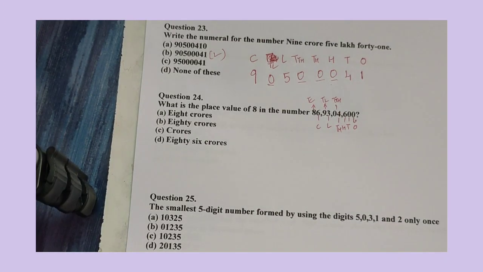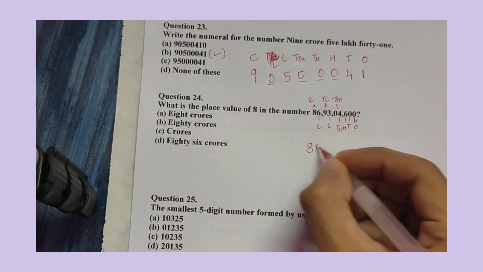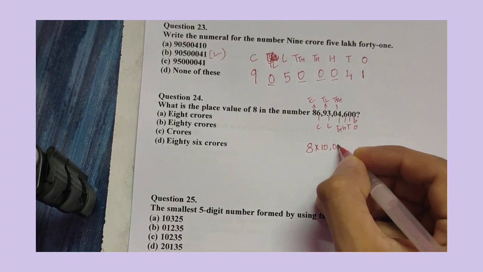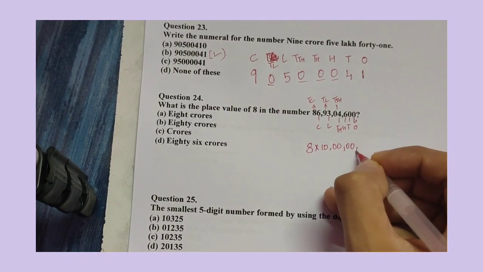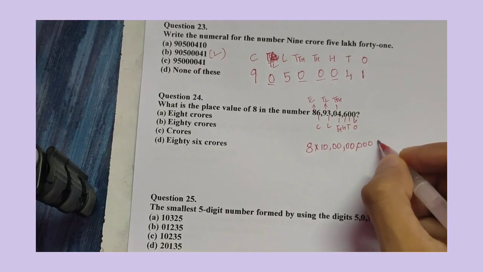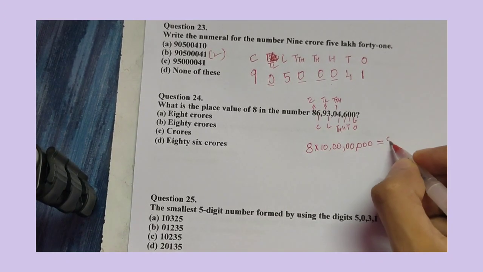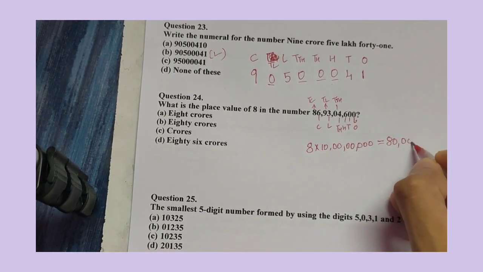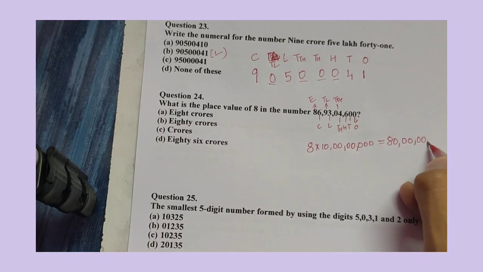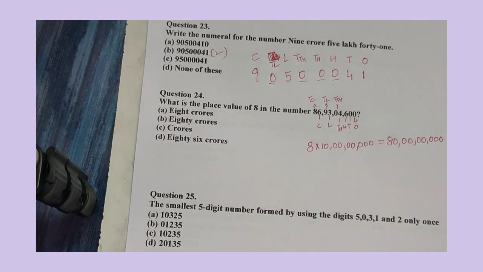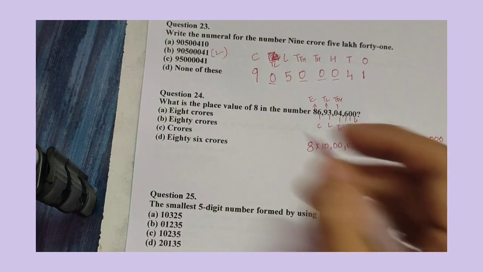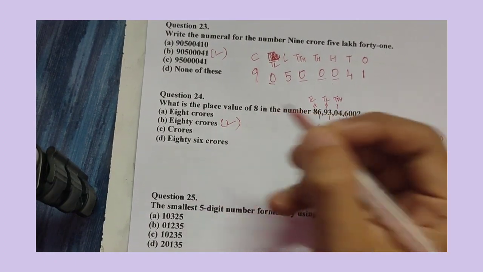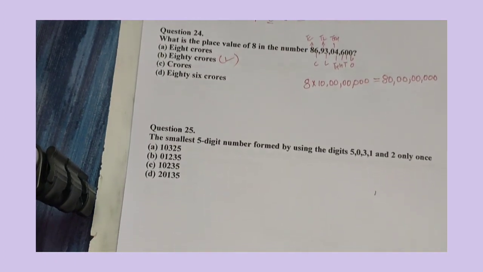So 8 is representing at the 10 crores. So 8 multiplied by 10 crore. 1, 2, 1, 2, 1, 2 and 3. So it will be representing a total of 80 crores. So option B will be the correct answer.